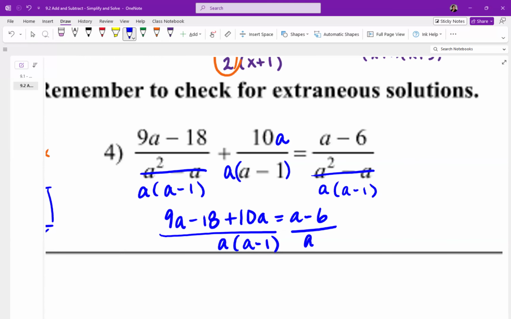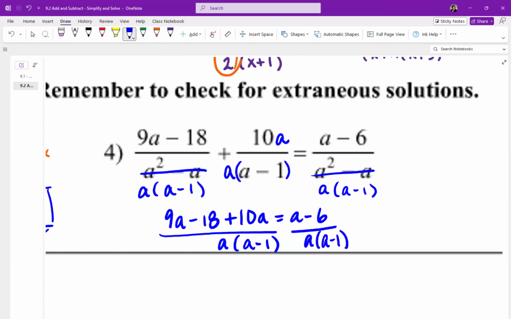The denominators are the same, but when you have an equal sign, it sure looks strange, doesn't it? Okay, so the denominators are still the same, but this is an equation. I have 9a plus 10a, that's 19a.